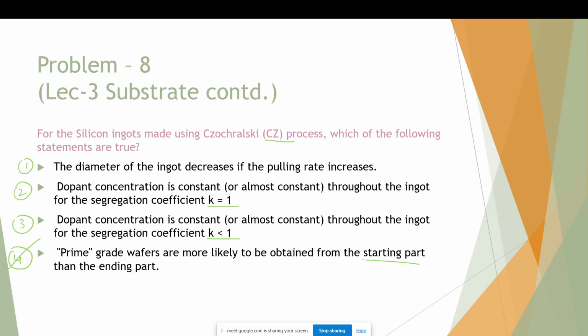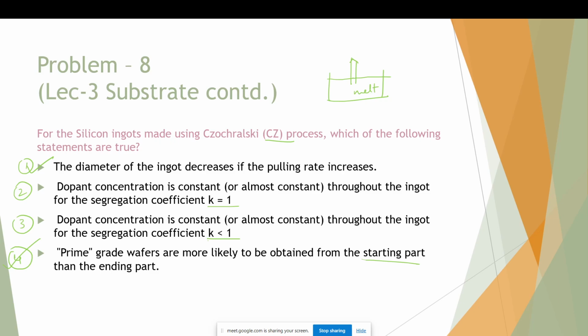Option 1. The diameter of the ingot decreases if the pulling rate increases. Yeah, that is in fact true. The reason is a bit complicated. So this is the melt, say, and we are pulling an ingot. At this stage there will be some crystallization happening, which has heat that needs to be dissipated.